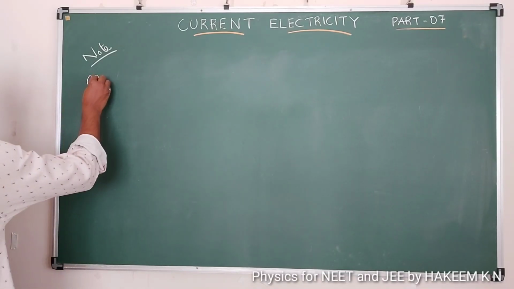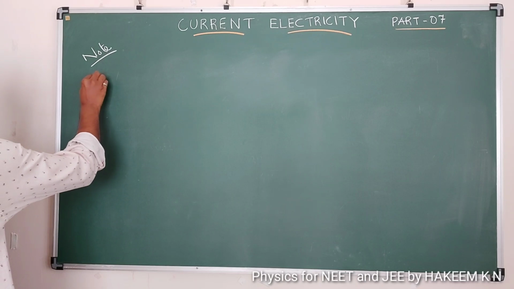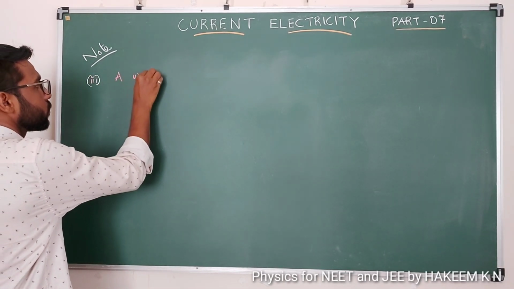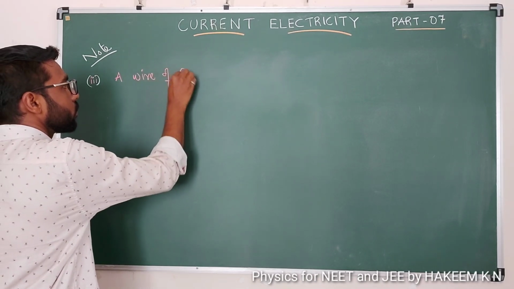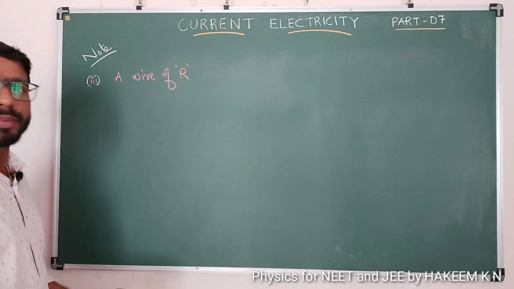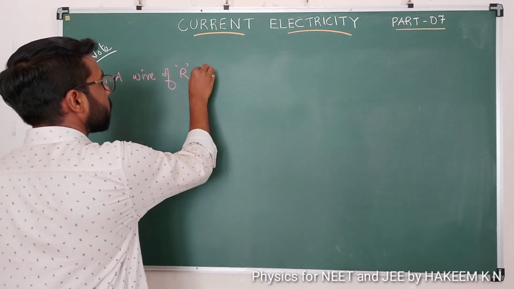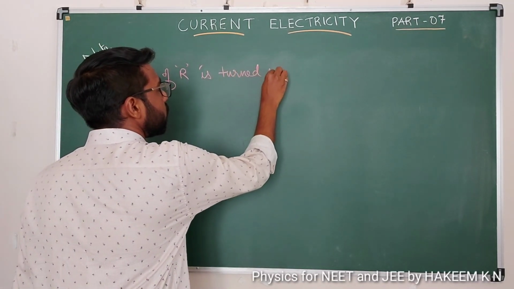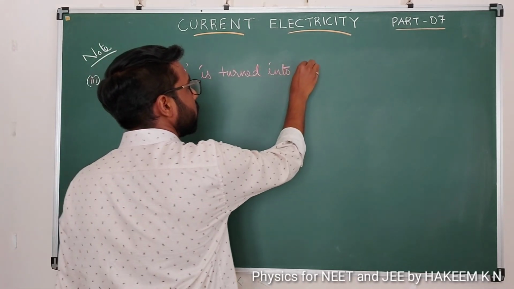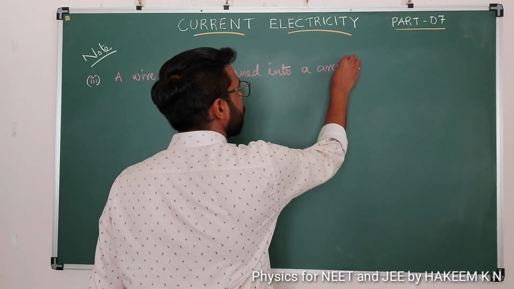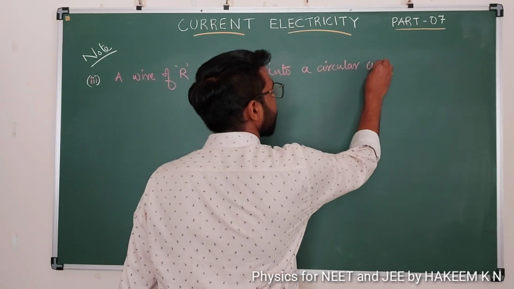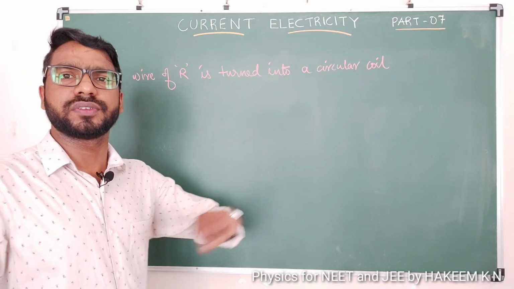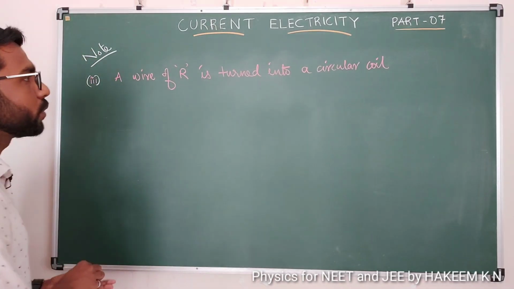Third point of the note. A wire of resistance capital R is turned into a circular coil.